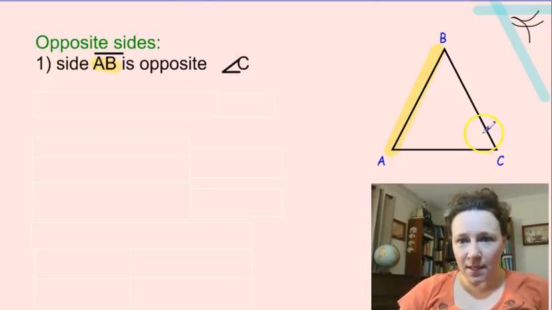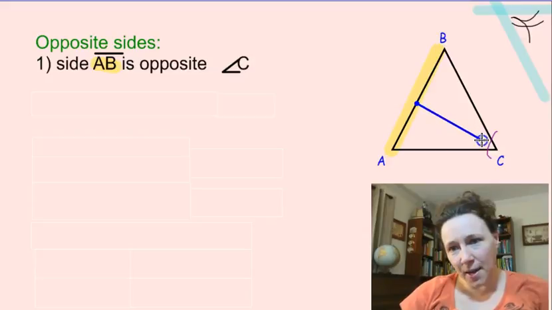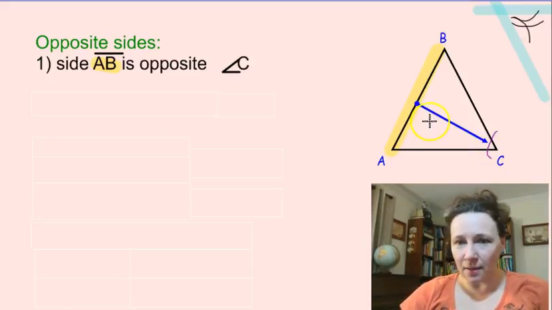Let's label once again angle C and notice this simple fact. Side AB does not touch angle C. In fact, if you had an eye somewhere on AB, then you would be looking directly across the triangle. And I will use this kind of notation for opposite elements in the future.